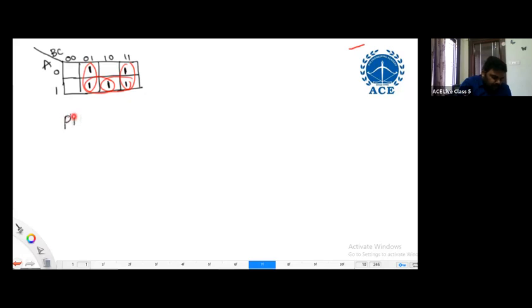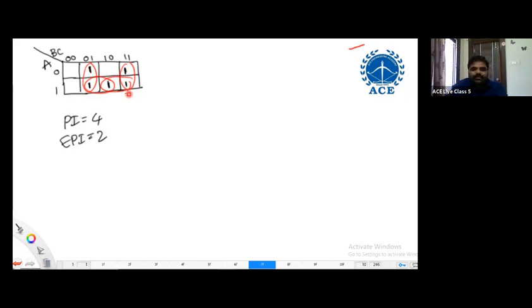Prime implicants is 4. The essential prime implicants is 2, because these two groupings are having special cubes. No more groupings with special cubes. So, the number of essential prime implicants is 2.